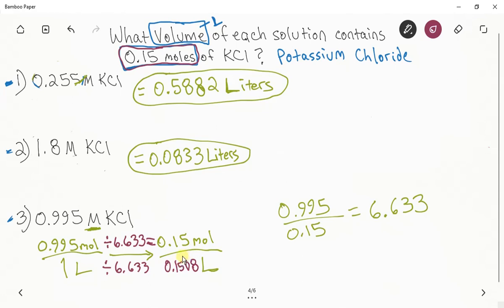So your answer is going to be 0.1508 liters is going to be the amount of this solution that will only contain 0.15 moles of potassium chloride in it. So your answer is 0.1508.